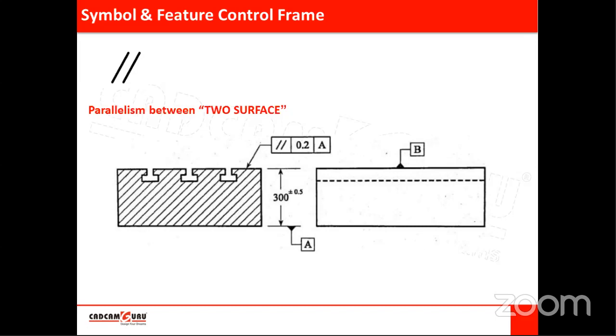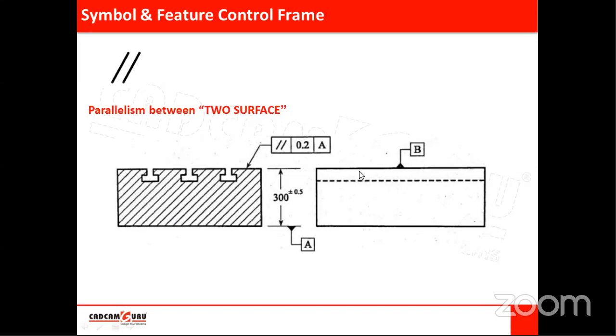You can see here there is a surface B. This is a front view and this is a side view, or either way, it is okay. This top surface is surface B and this bottom surface is surface A. Again, these are labels.